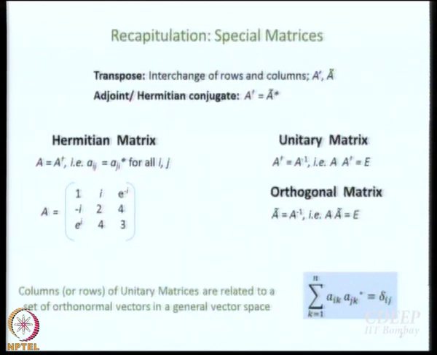So, the row number is constant, the column number changes. Is that all right? And then you have A_jk star, that equal to del ij. So, when j equal to i, then it is 1, when j equal to anything other than i, then it is 0, and that is how you define orthonormal vectors, right.